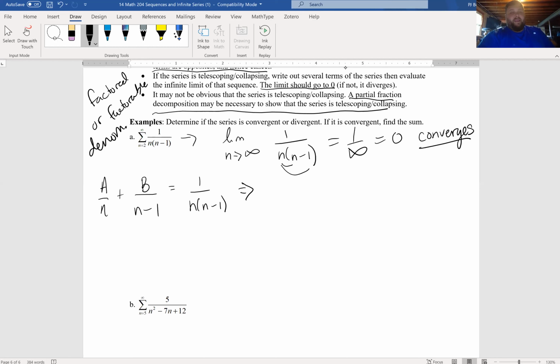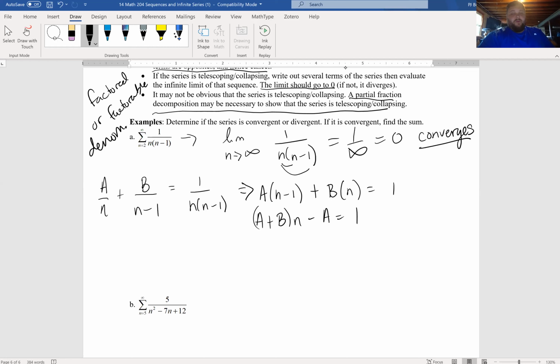So I would multiply a by n minus 1, and I would multiply b by n, and this would all have to equal 1, right, the numerator. So I get a plus b times n minus a must be 1.